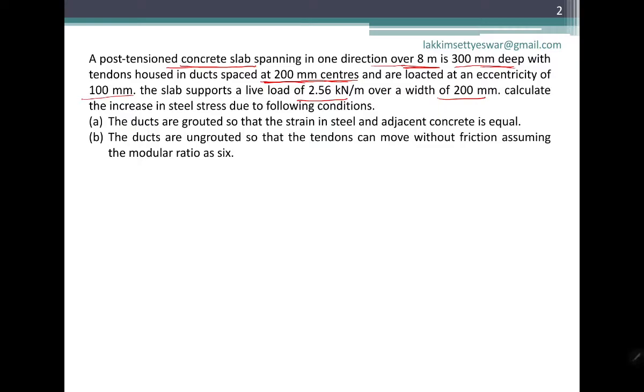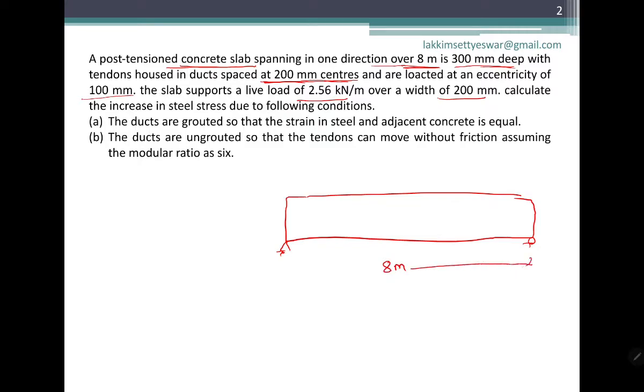So the span of the slab is 8 meters and the thickness of the slab is 300 mm. The live load on the slab is 2.56 kilonewton per meter over a width of 200 mm.